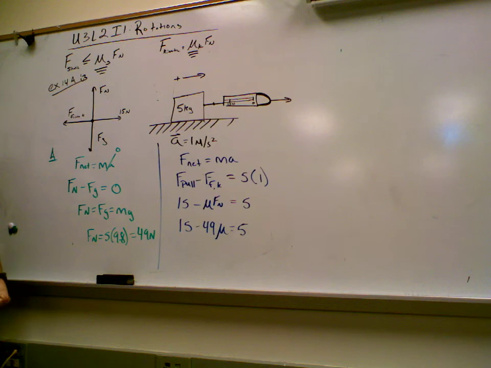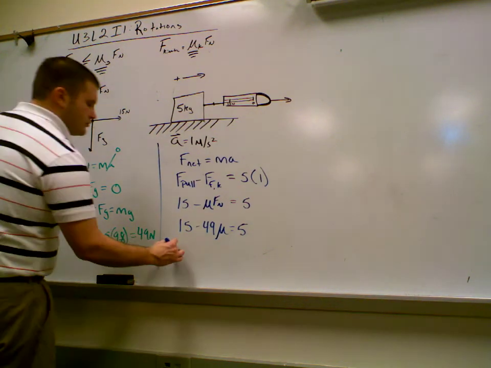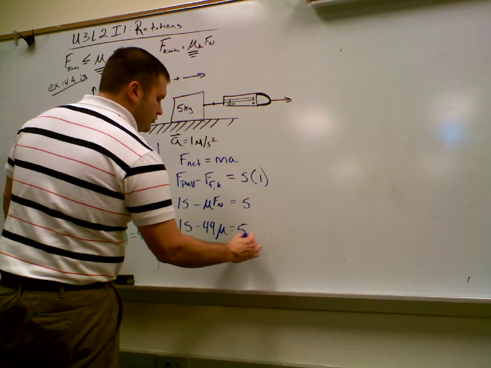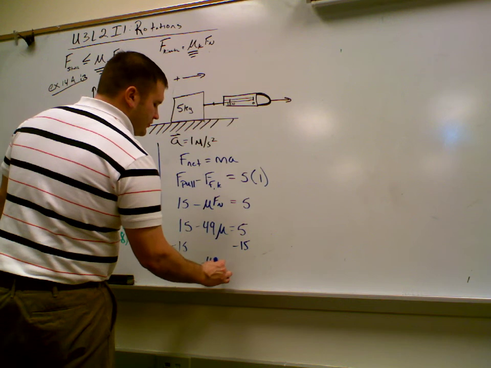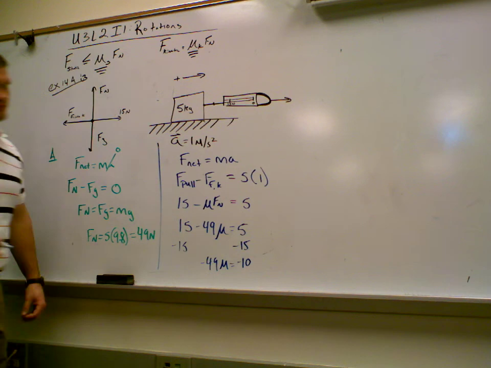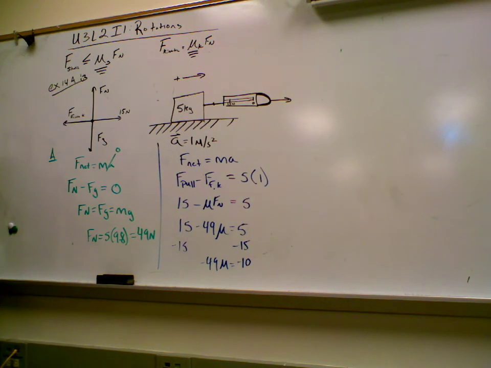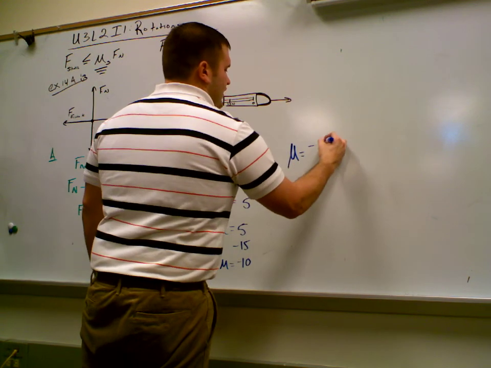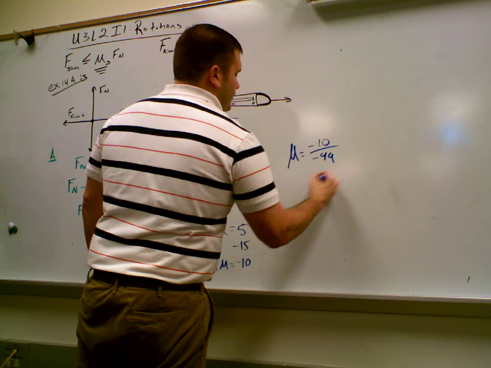What do I do now? Subtract 15. So negative 49 mu equals negative 10. What do I do now? Divide by negative 49. So mu equals negative 10 divided by negative 49.